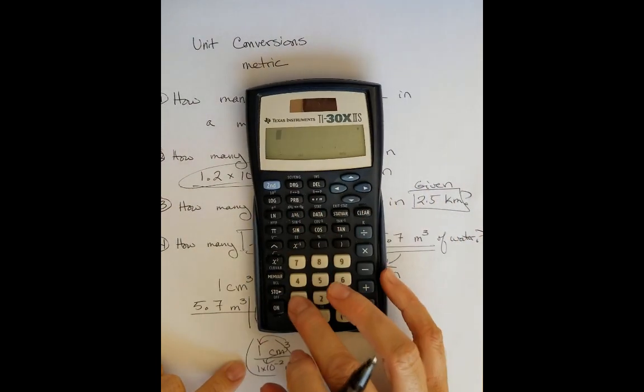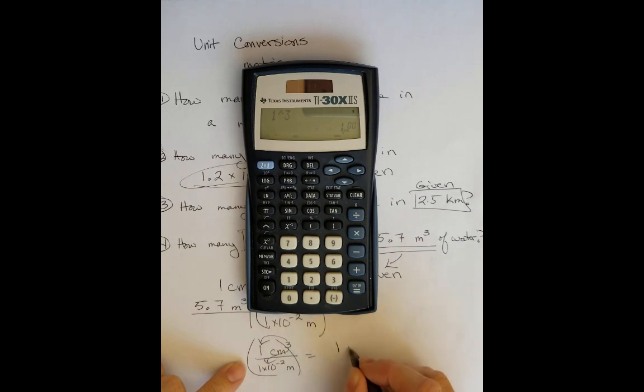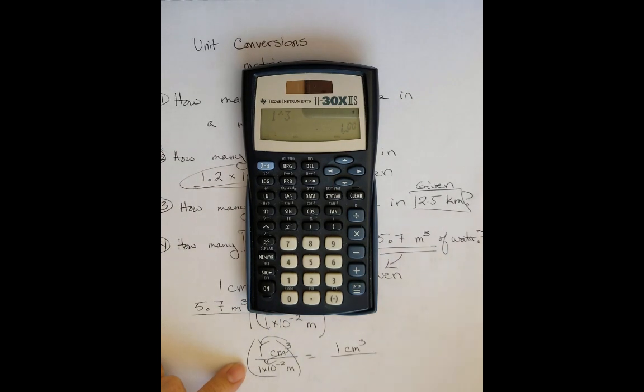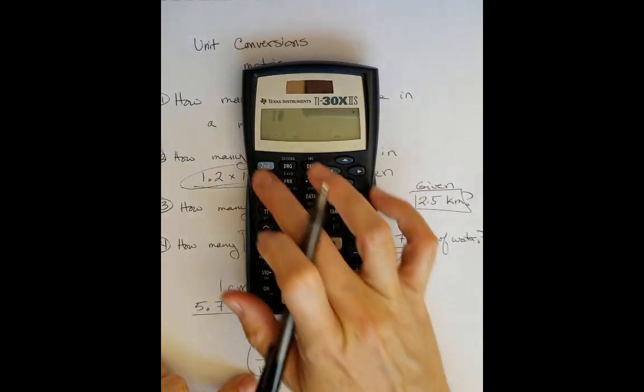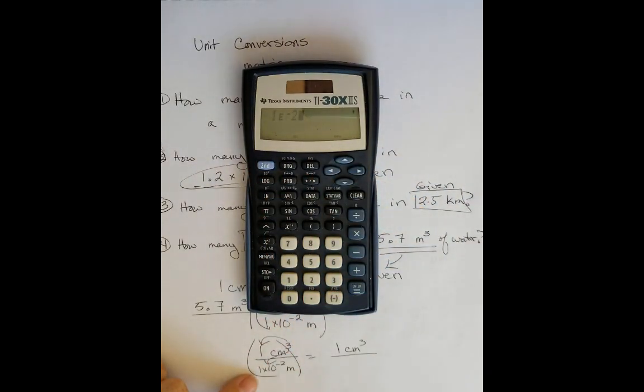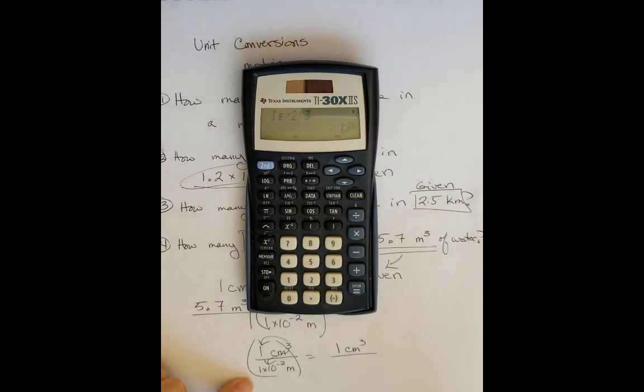So 1 cubed's not so bad. That's just 1. So I have 1 cubic centimeter. That worked out just like I wanted. But then I also have to cube my 1 times 10 to the negative 2. This also needs to be cubed. So when I cube that, I don't just get the same number back, I get something much smaller.